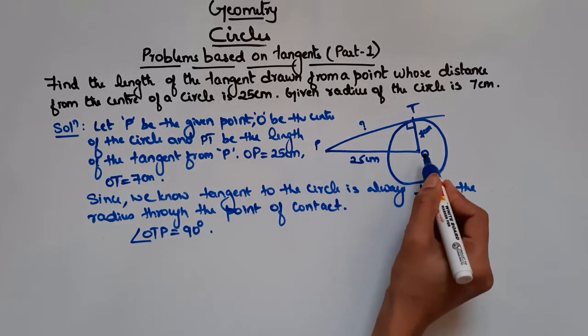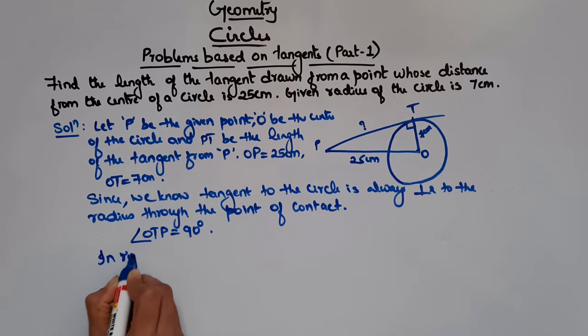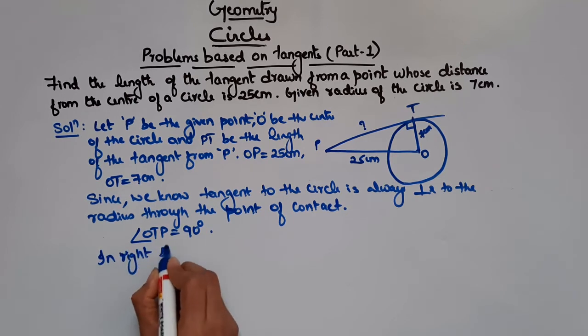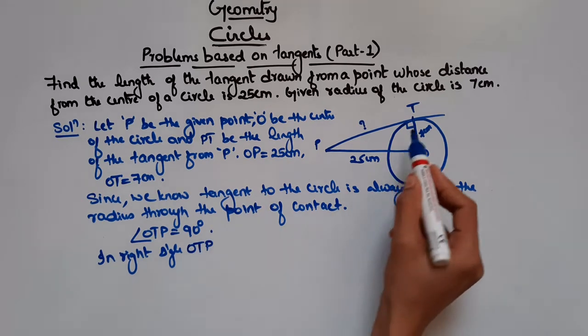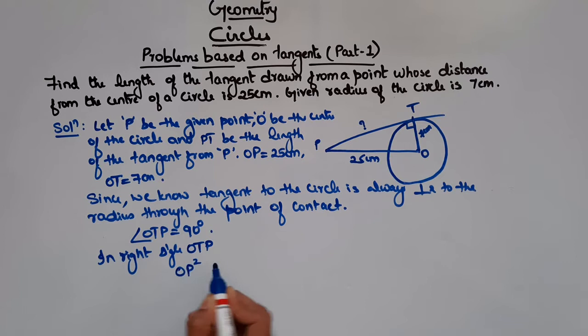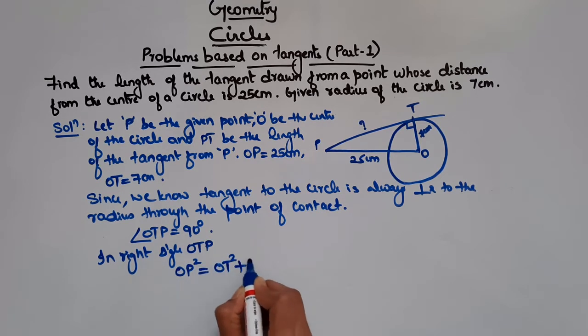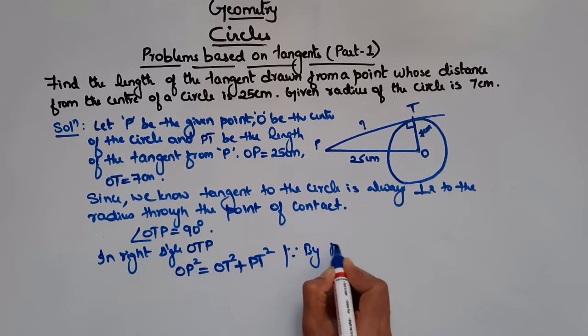So now we have a right triangle OTP. So in right triangle OTP, here the hypotenuse is OP. So OP square is equal to OT square plus PT square. Since by Pythagoras theorem we know this, right?